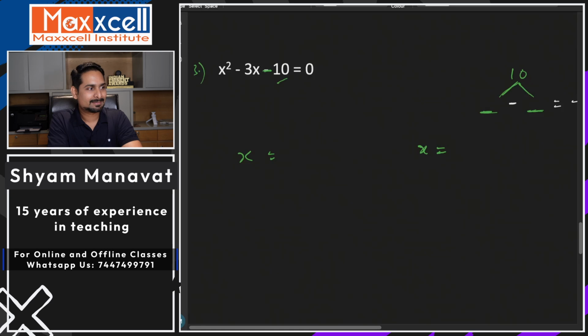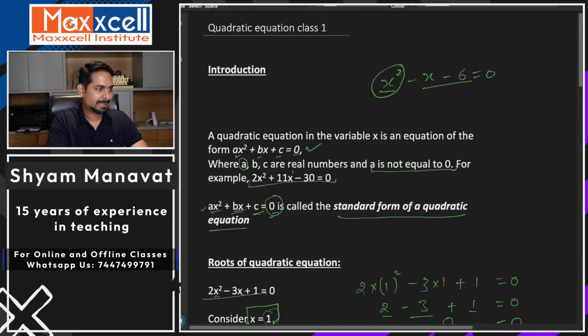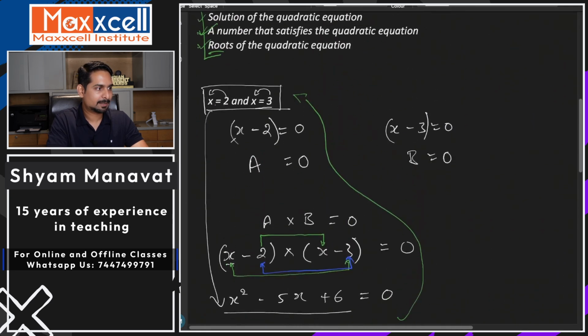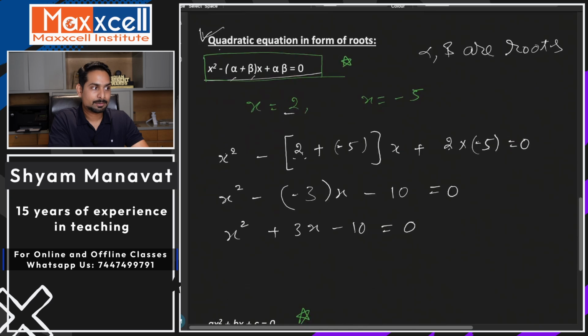Let me give you a reference from the previous lecture. In lecture number 1, what did we understand? That the constant term here is alpha into beta, the product of the two roots, if alpha and beta are roots.